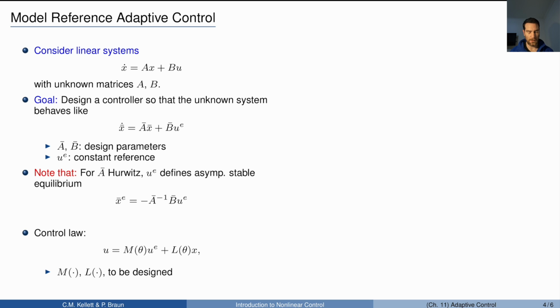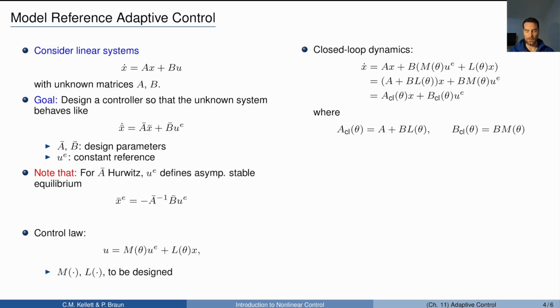Now u is a function of parameters theta and two components: one with the reference input u e multiplied with the matrix M, and a matrix L, also depending on the parameter theta and depending on x. We want to design these matrices M and L such that we can look at the closed loop dynamics.